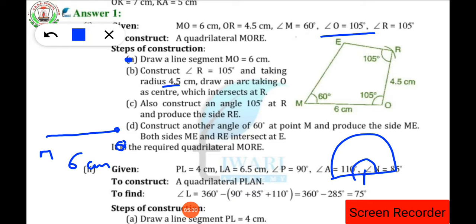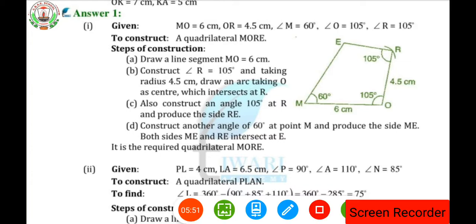Clear up to here? Then you have to keep the needle at point O and draw an arc like this. It will intersect somewhere, might be above the dot or below the dot, that does not matter. After that, with the help of your scale you have to draw one straight line like this. Clear up to here?